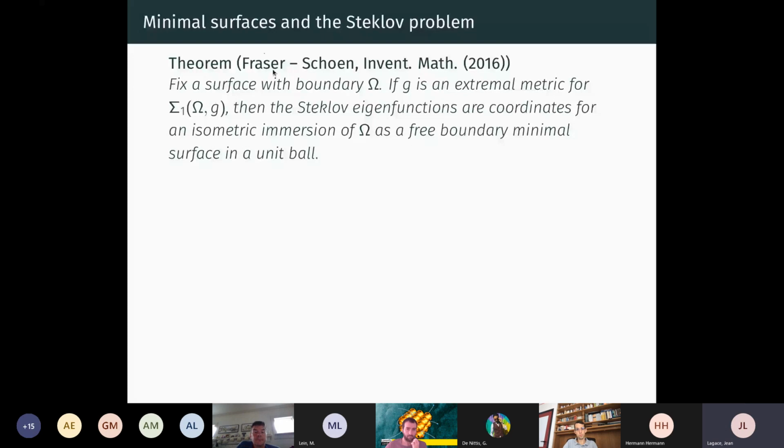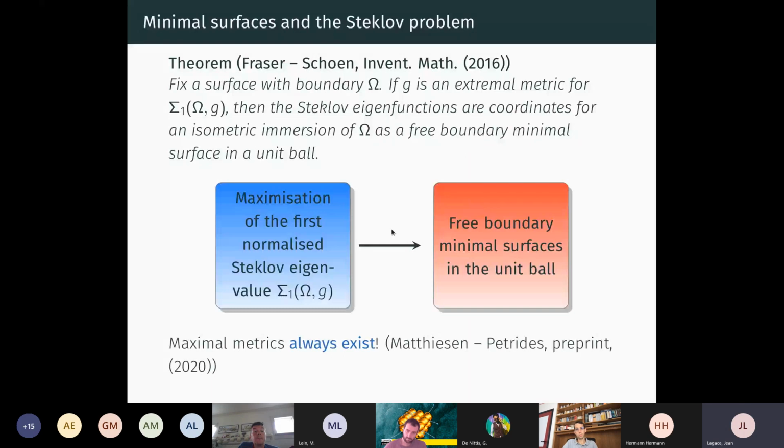So if I start with a surface with boundary, and I find an extremal metric, so it doesn't need to be a global maximum, for example, it could be a local minimum or local maximum or anything of the sort, for this first normalized Steklov eigenvalue, then the Steklov eigenfunctions will be coordinates for an isometric immersion of omega as a free boundary minimal surface in a unit ball of some dimension. And so maximization of the first normalized Steklov eigenvalue will lead to free boundary minimal surfaces in the unit ball.